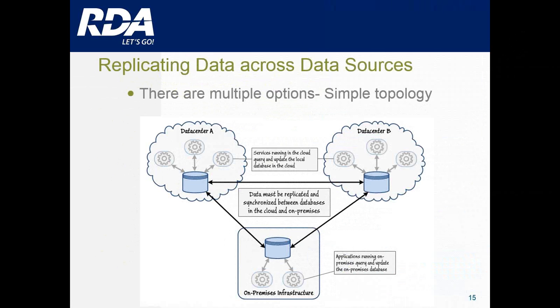So as you can see over here, you have applications running on the on-premises infrastructure that update the on-premises database. The data gets replicated across data center A and B, and then there may be services running in the cloud that query and update the local databases in the cloud. Basically, the data must be replicated and synchronized between the databases in the cloud and on-premises.